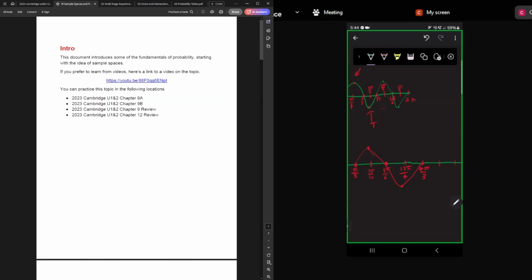That's going to give us 19 pi on 12 for the next one. Adding another pi on 3 is going to get us to 23 pi on 12. Doing it again is going to get us to 9 pi on 4.